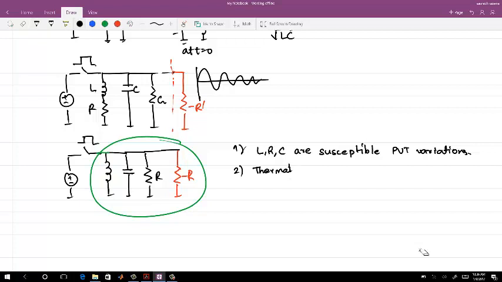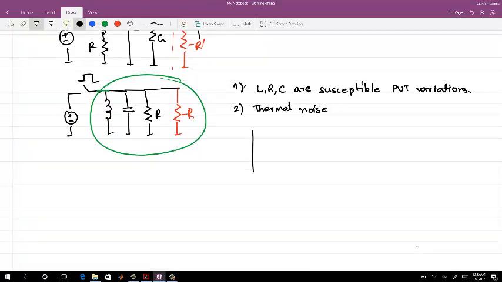So let me just show you what will happen. Let's say you realize this using the negative thing. Let's consider this as a sine wave, which I can't draw properly. If there was no thermal noise in the system, you would have a perfect sine wave, if this circuit is all ideal, whatever the frequency.